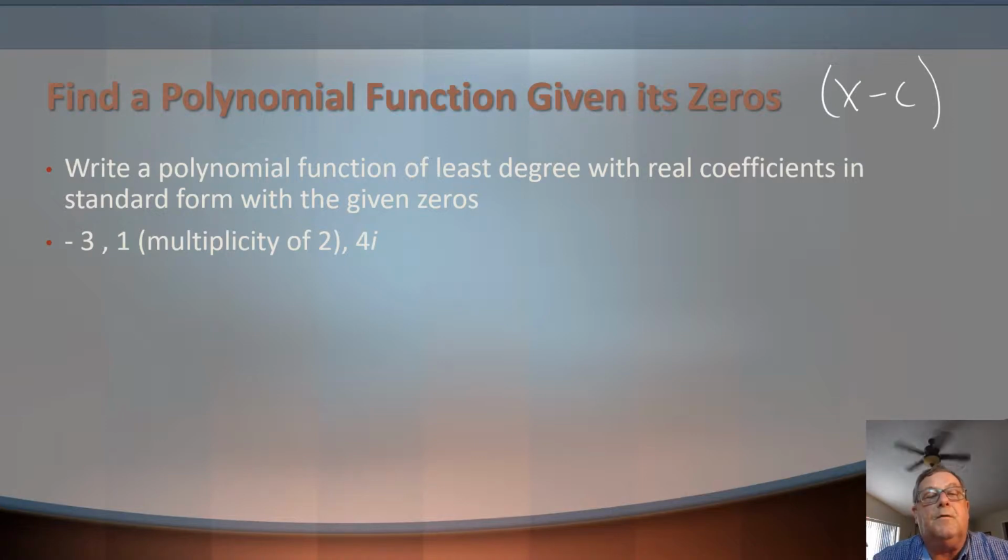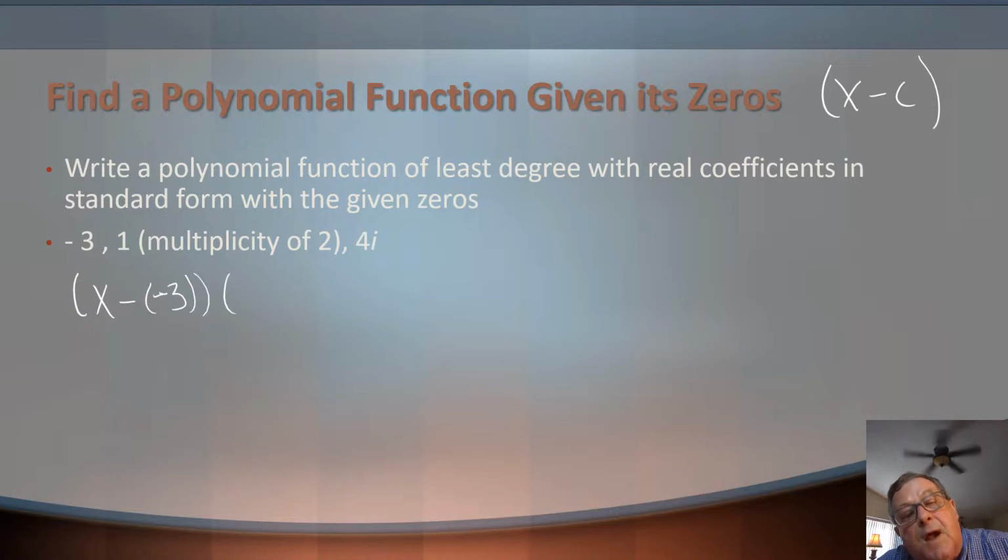All right, let's see if we can put all this together. We're asked to write a polynomial function of least degree with real coefficients in standard form with the given zeros. So we've got zeros of -3, 1, which has a multiplicity of 2, and 4i. Let's first write these as factors. So we would have x minus -3, which we would then recognize is going to be x plus 3.